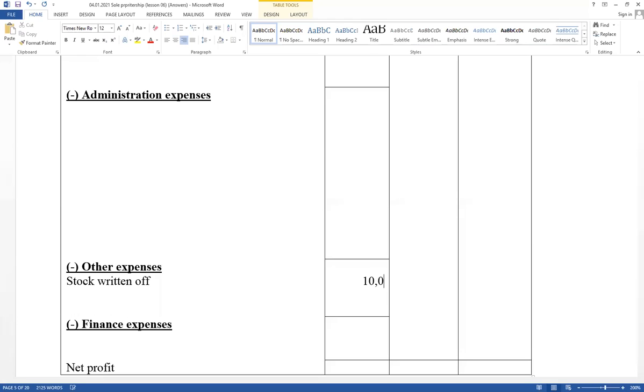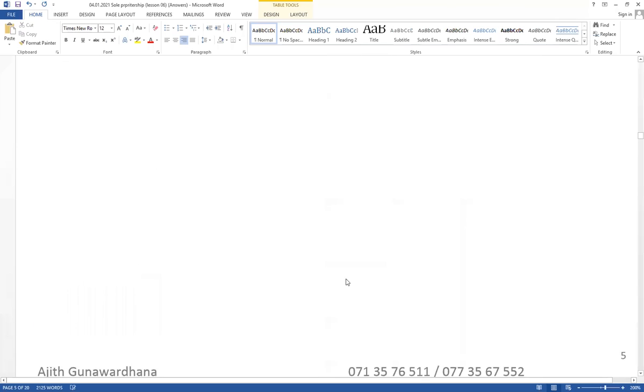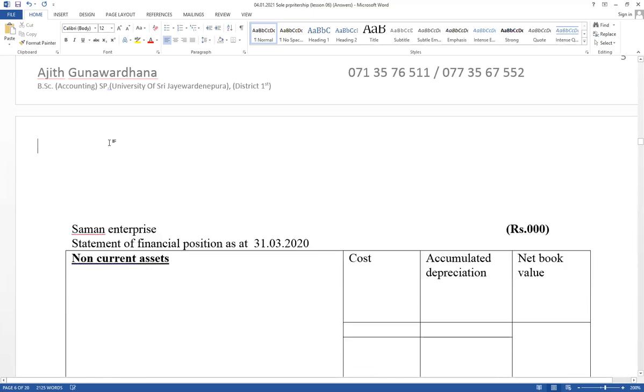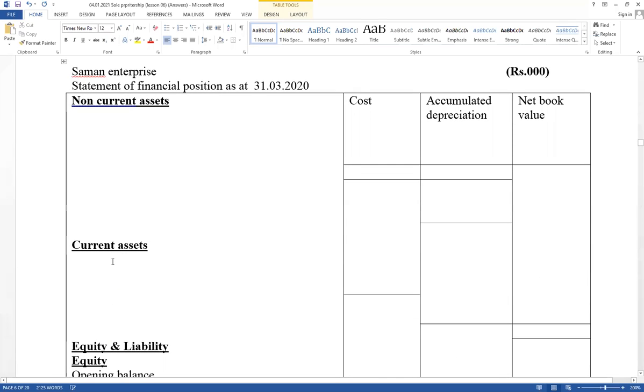If NRV is lower than the cost value, the difference should be considered as stock written off. Think about under other expense, all the expenses should be included in the first column. Then under current assets, statement of financial position, as inventory the lower value should be included.